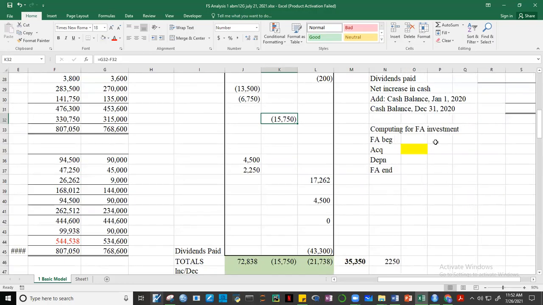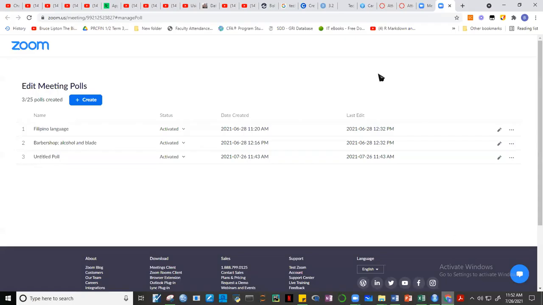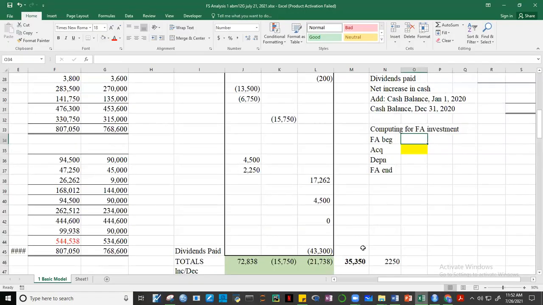Okay, we will plot, no? Ipa-plot natin. We'll make use of the net fixed assets, no? Okay. Magkano yung simula ng net fixed assets, guys? How much was the net fixed assets at the beginning, guys? Start niya. Paki-answer, guys. Unmute yourself or to chat.